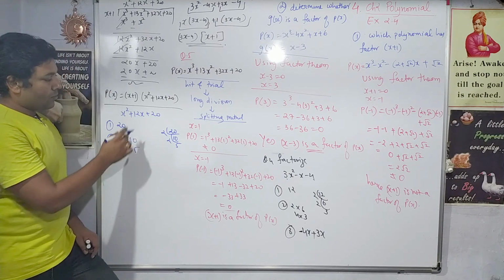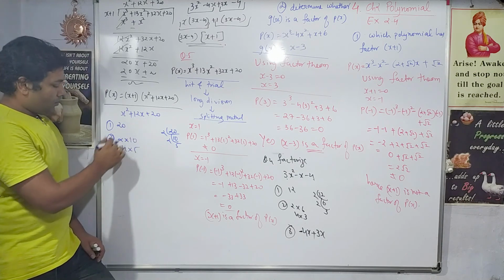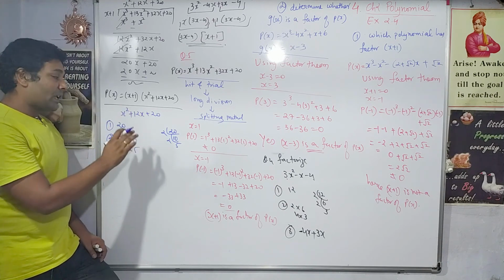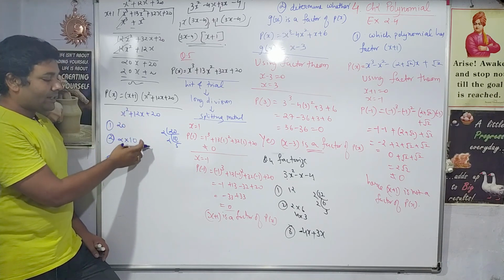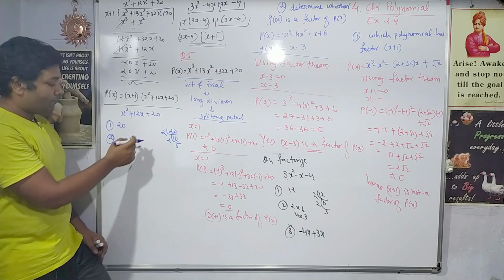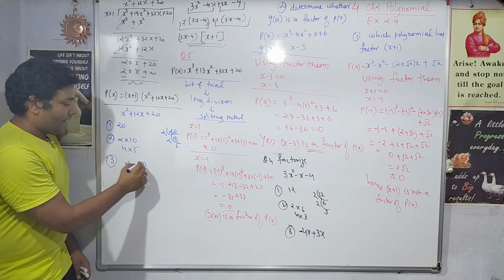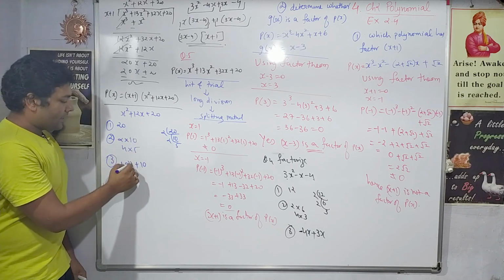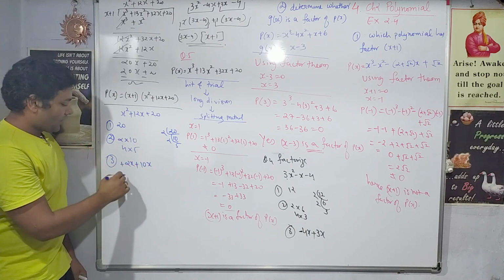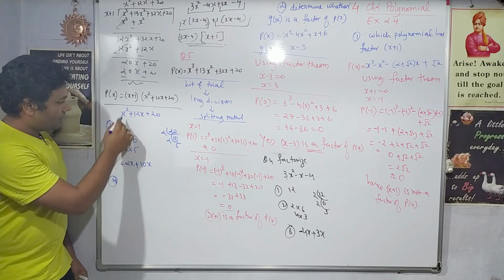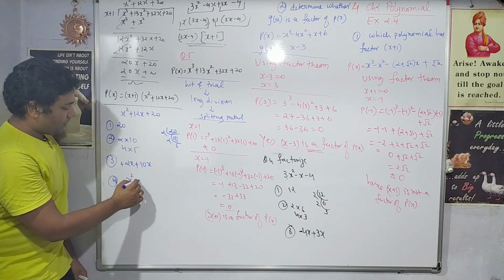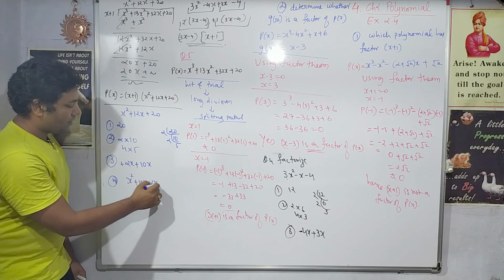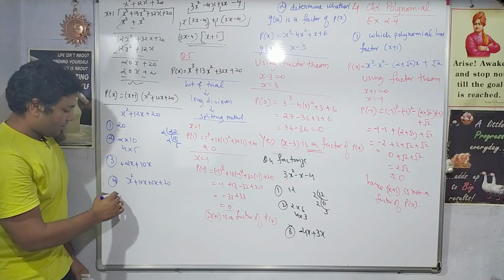Arrange the factors in such a way that their addition or subtraction will give me the middle term. Whose addition or subtraction will give me the middle term? 2 and 10. Addition or subtraction? Addition. So just add. So now rearrangement: x square plus 10x plus 2x plus 20. Either you write this first or this first, it doesn't make any difference. Your solution will definitely come.